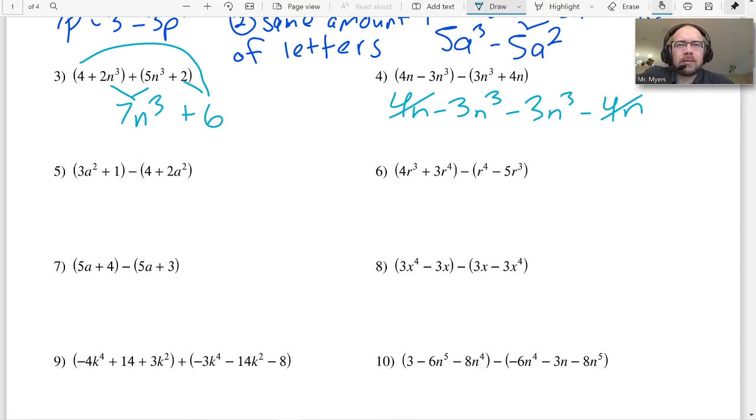Any number, even really weird numbers, like the square root of 2 or the square root of -1. If you take pi minus pi, it's 0, even though it's a really weird number. So that goes away. And then this is minus minus, so I'm going to add them together and get -6n cubed. And that's it for that one.